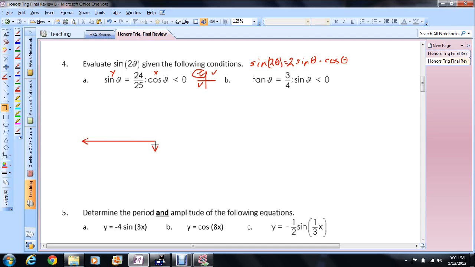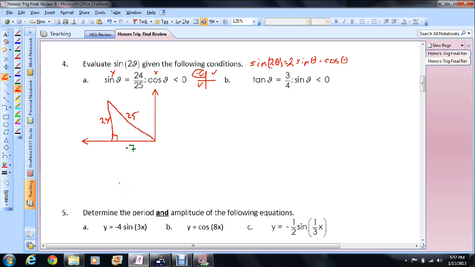So I'm going to draw a triangle in quadrant 2. It says sine, so that's opposite over hypotenuse, 24 over 25. We can use the Pythagorean theorem to figure out the other side. I know you guys know how to do that now. We get 7, but just a reminder that since we're going left on the graph, it will be a negative 7. It asks us to find the sine of 2 theta.